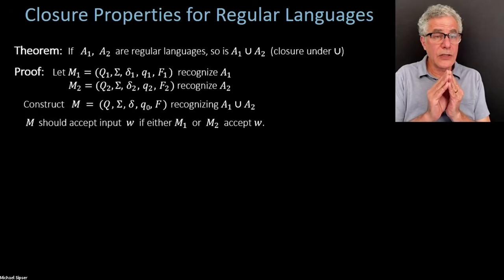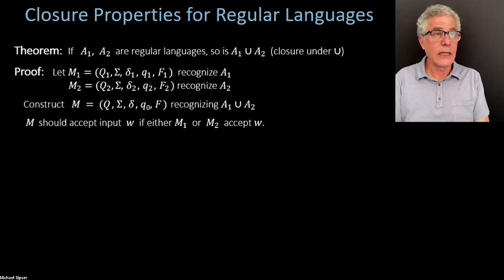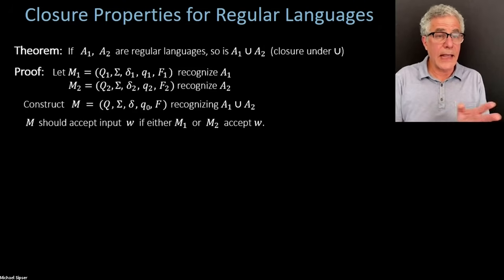And a finite automaton only gets one shot at looking at the input. You can't sort of rewind the input. You feed it first into M1, and then you feed it into M2, and operate in a sequential way like that. That's not going to be allowed in the way finite automata work.